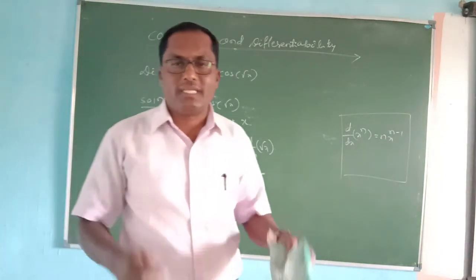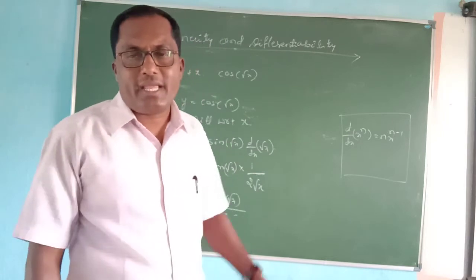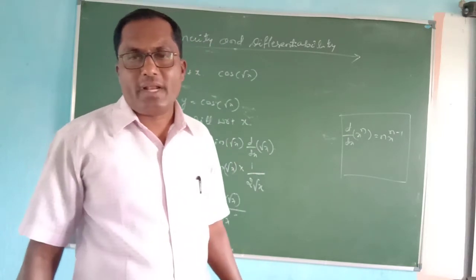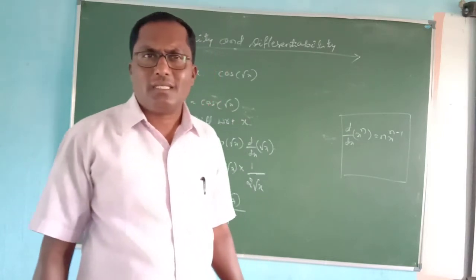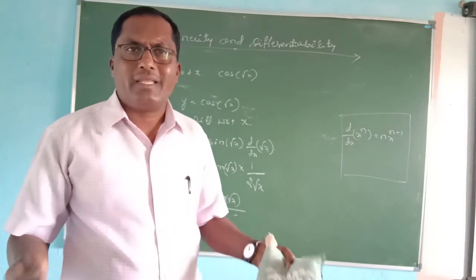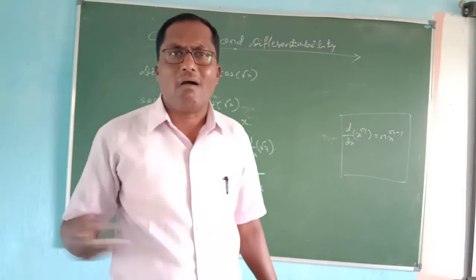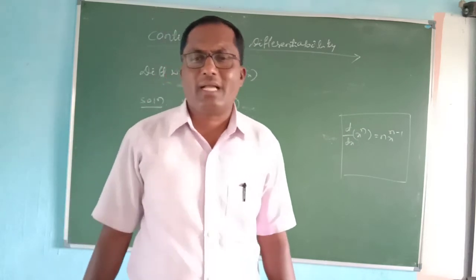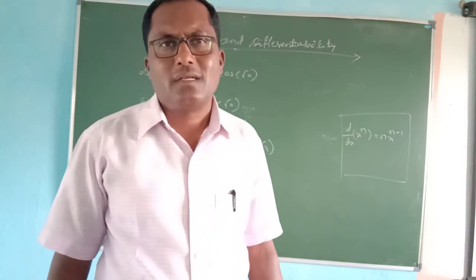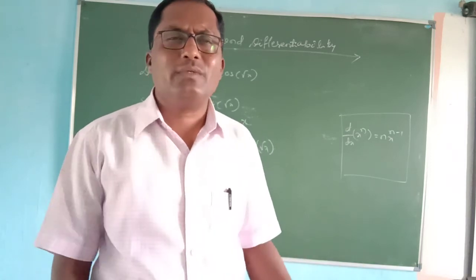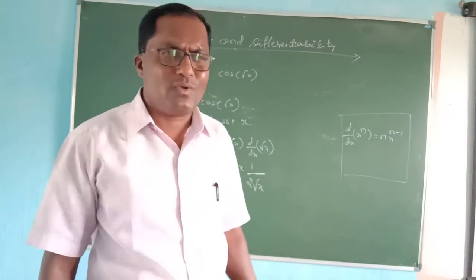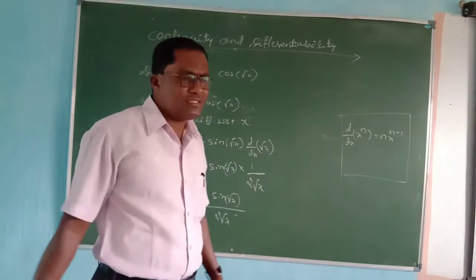What is the chain rule? dy/dx is equal to dy/du into du/dx, or df/dx is equal to df/dt into dt/dx. Same, no doubt. Use different symbols also.